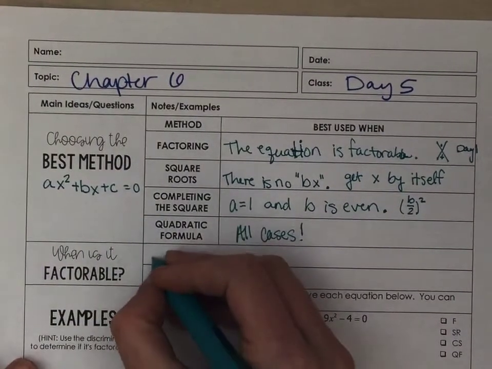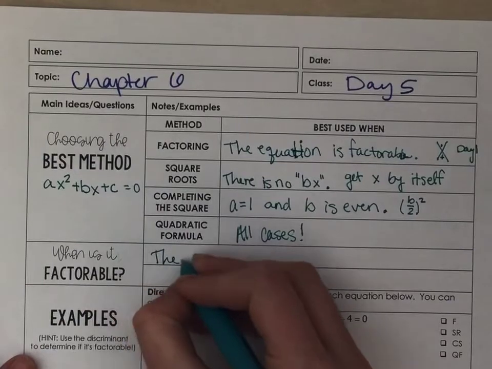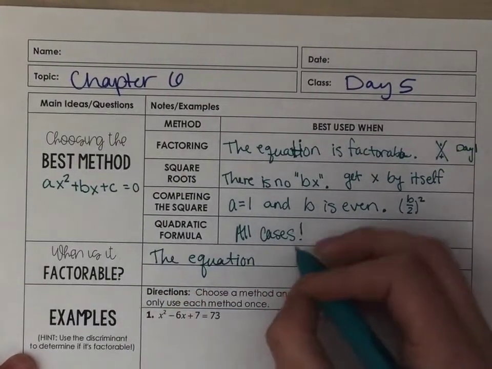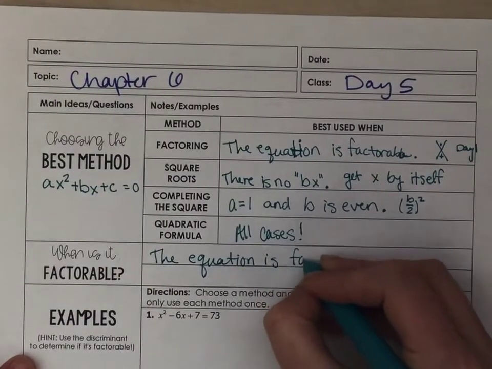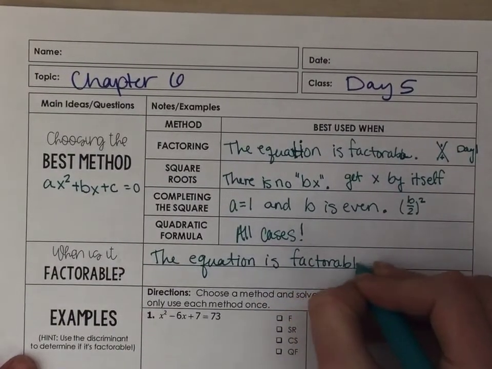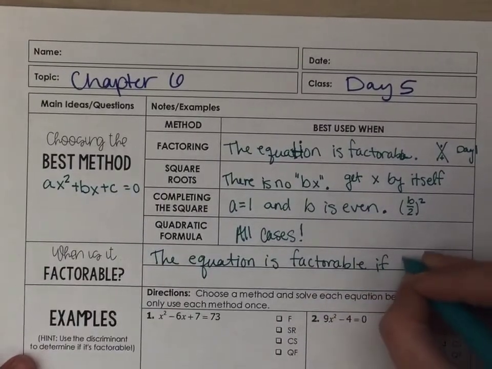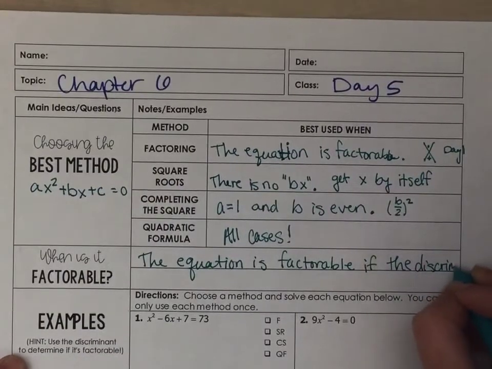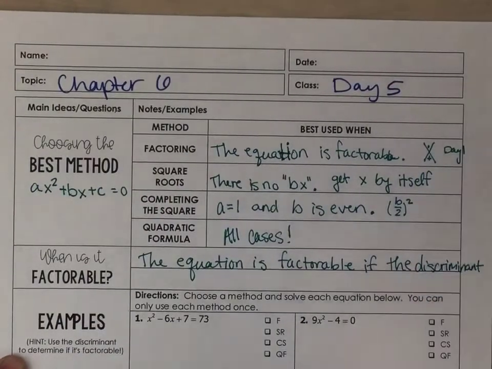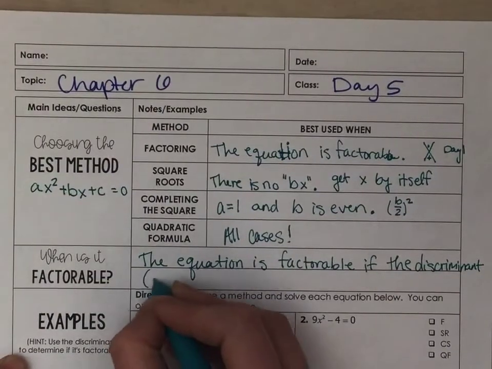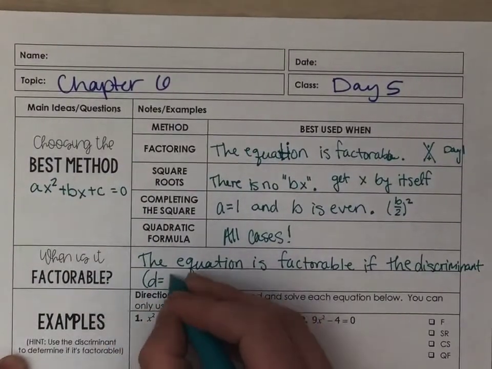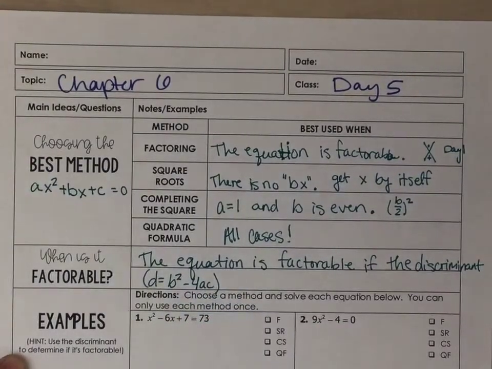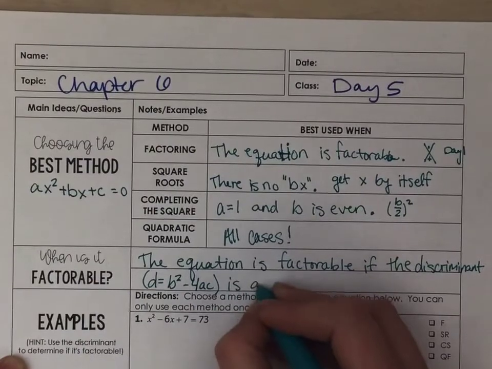But an equation is factorable if the discriminant, which we use the equation d equals b squared minus 4ac, is a perfect square.